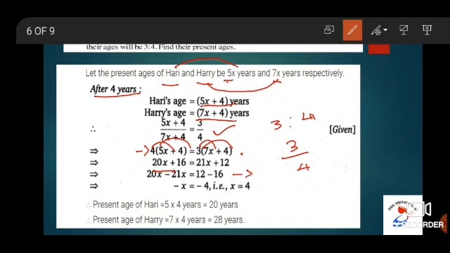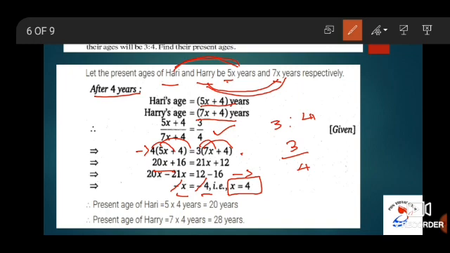Here we are bringing the variables on one side and constants on the other side. So 20x minus 21x, that is minus x. 12 minus 16, that is minus 4. Minus on both sides will get cancelled. Therefore, the value of x is 4. Children, here we have only calculated the value of x. According to the question, we have taken the age of Hari as 5x and age of Harry as 7x.